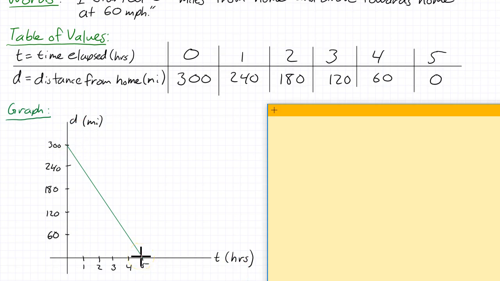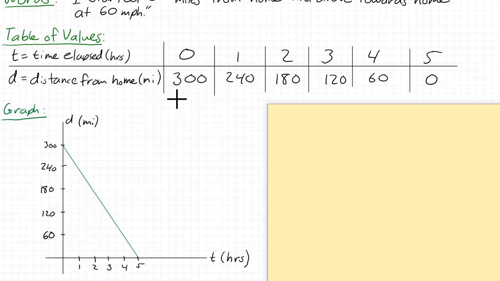So all of these points, like the 0, 300, when t is 0 and d is 300, that should be showing up here. So that point is right there. And then after you've driven 1 hour, you have that point 1, 240. That's going to show up about right here on the graph. And the other point, 2 and 180, is going to be right there. So it's describing the same thing with just a different way of looking at it.